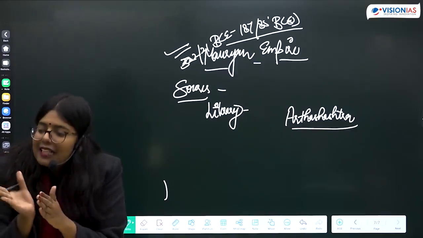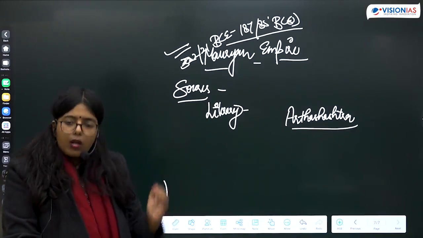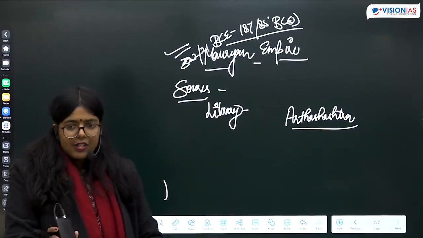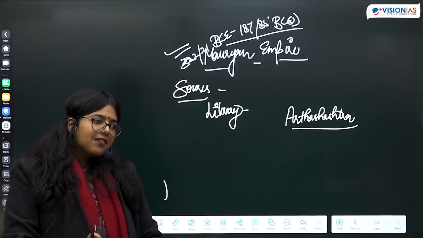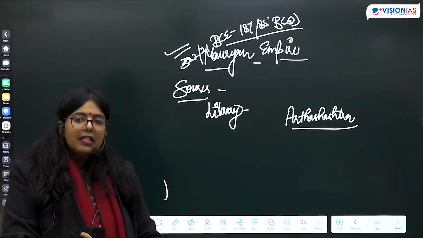All these three names belong to the same individual. Okay, so Kautilya is supposed to have composed Arthashastra. Why is Arthashastra important? Because it is a very important political treatise from ancient India.